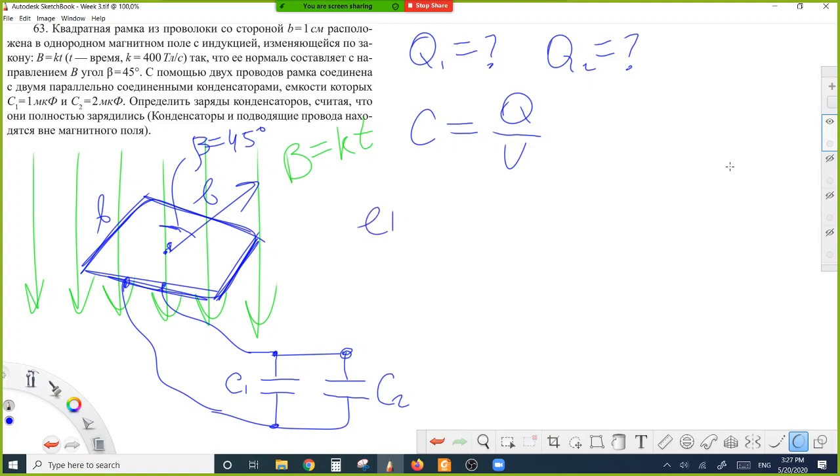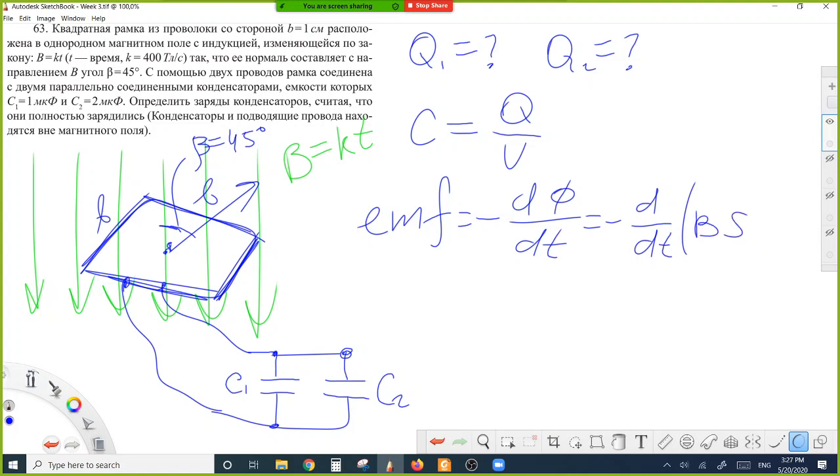Again, electric motive force is equal to minus d phi over dt, and in our case the magnetic flux across our contour, across our loop, is B multiplied by S multiplied by cosine beta.